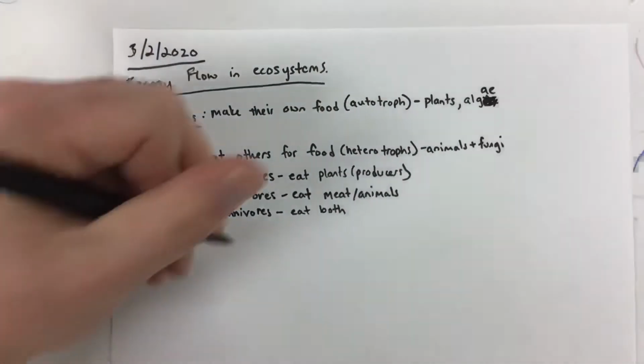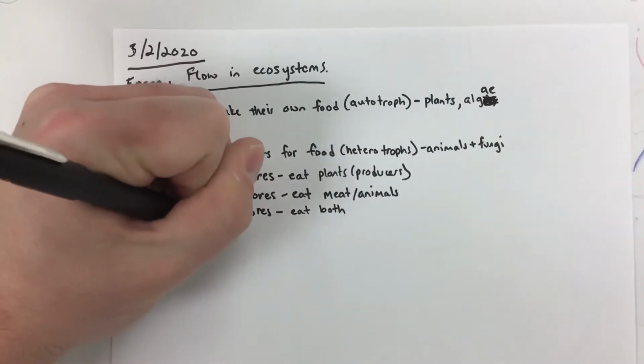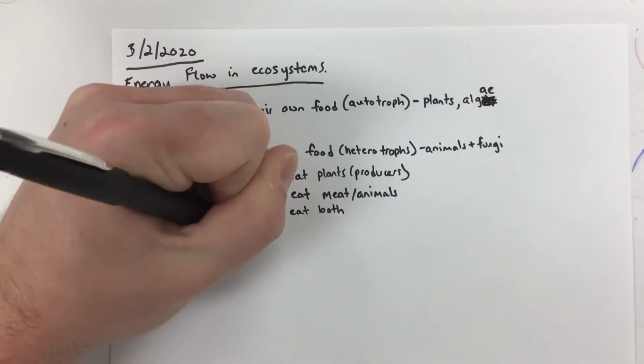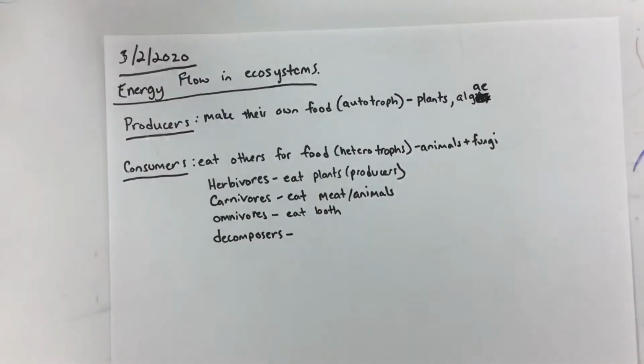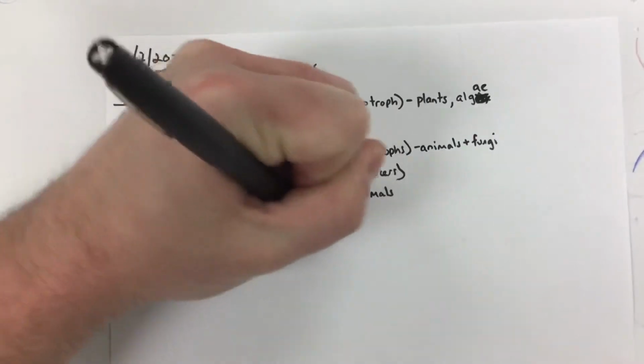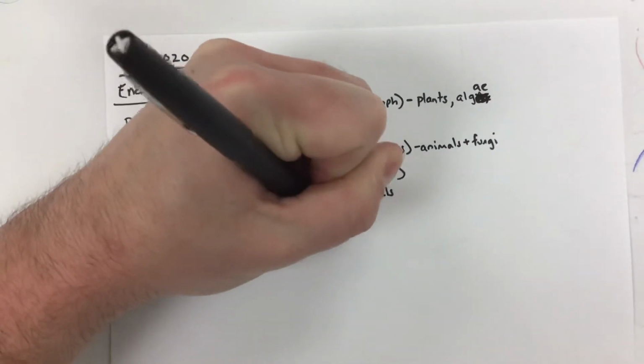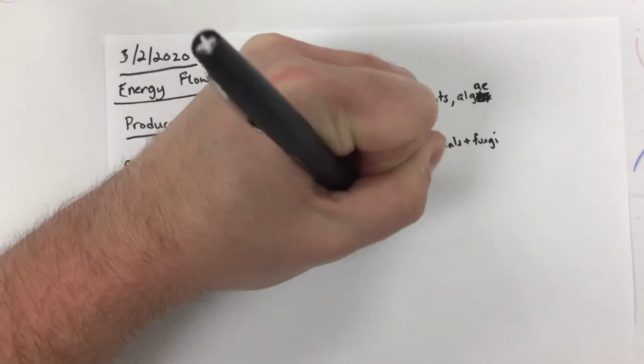And then we did talk about these last time. We have decomposers. And what do decomposers eat? They eat everything, but specifically, yeah, waste and dead things.